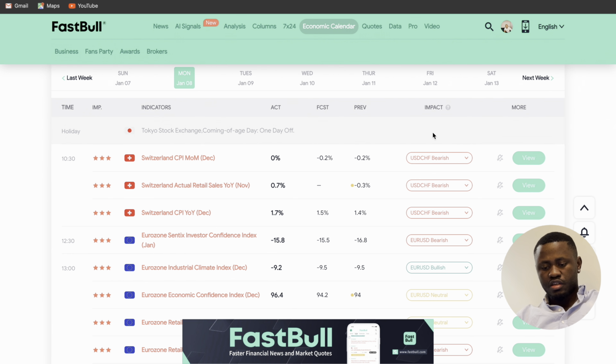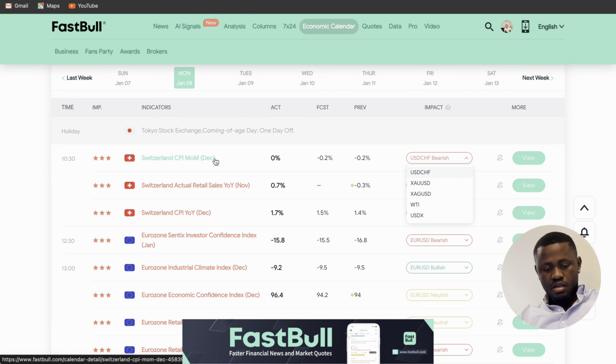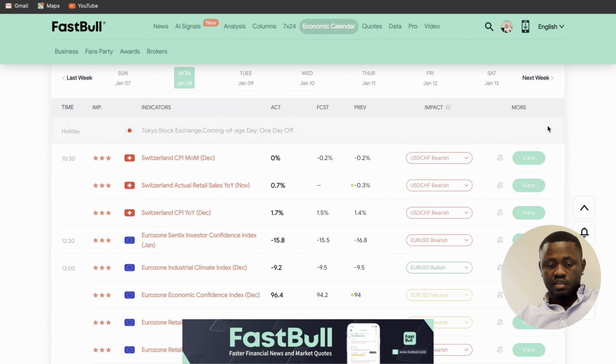They also show you the impact: the actual, forecast and previous, and which currency pairs this news event is going to affect. So if the New Zealand CPI drops tomorrow, it is going to affect USD CHF, gold, US dollar, also oil, even silver. This is the economic calendar by Fast Bull.